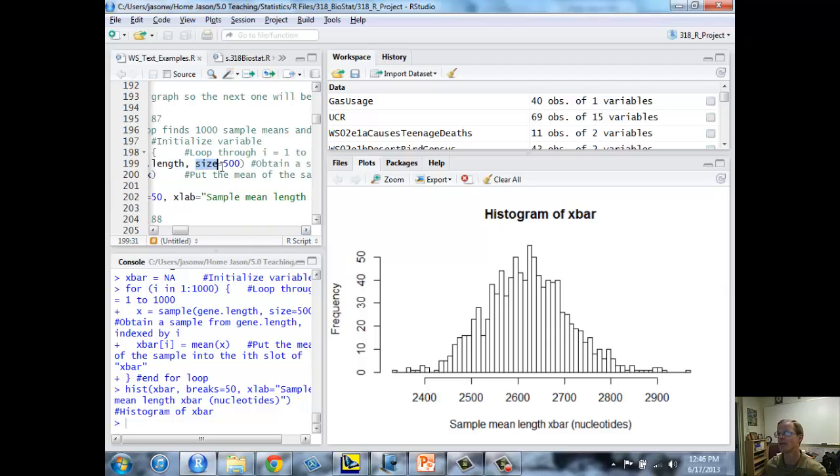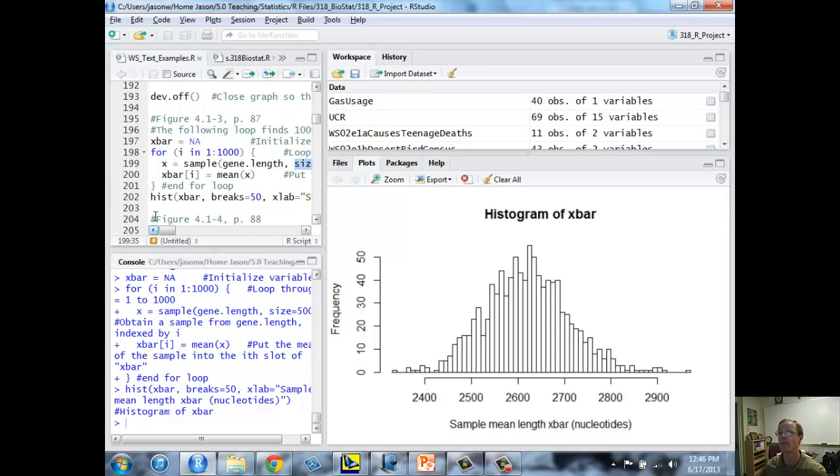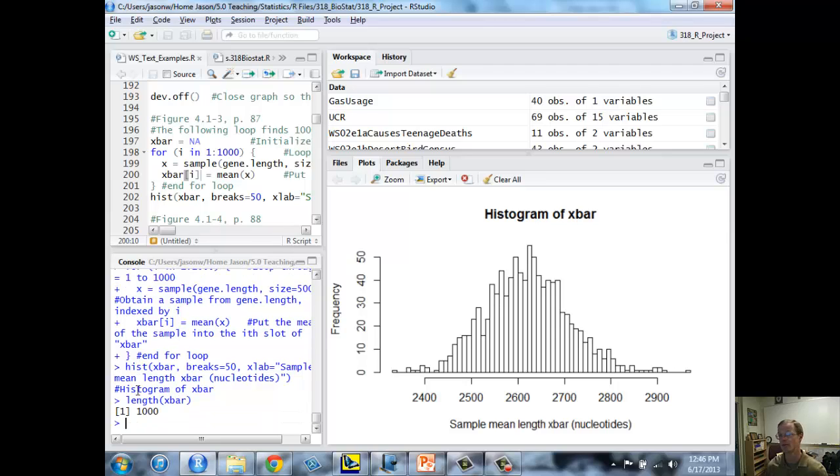I took size 500 now instead of 100. Could have done 100. But then, instead of plotting the sample, I went ahead and just calculated the mean of that sample, and I stored it, X bar sub I. So X bar, if I look at its length, should be 1,000. Okay, there's 1,000 means in that thing.